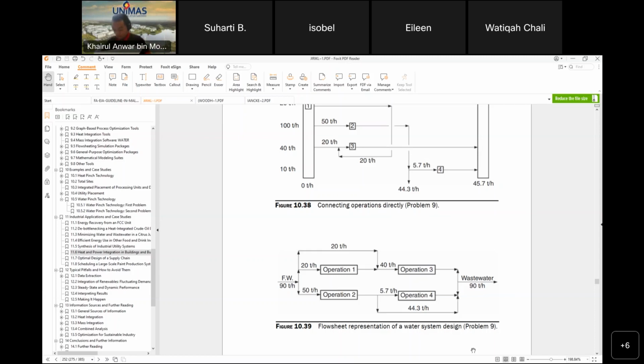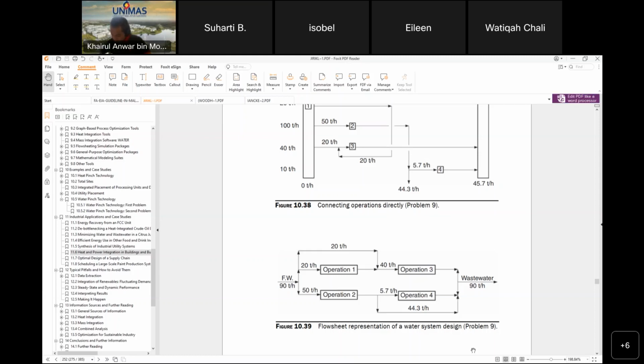This is mass pinch analysis. There are further applications of process integration, including hydrogen network, oxygen pinch analysis, and combined analysis of energy, water, oxygen, and pinch emergy.